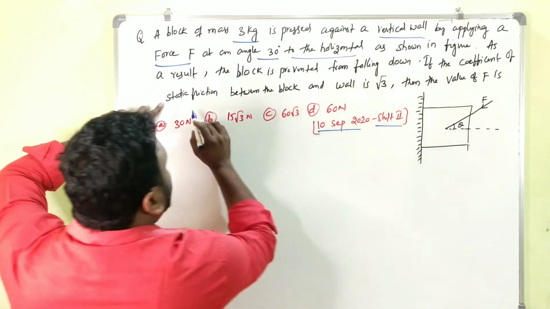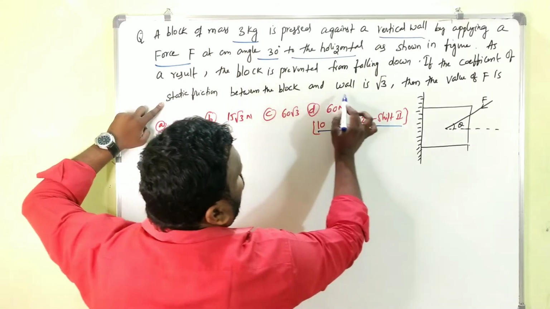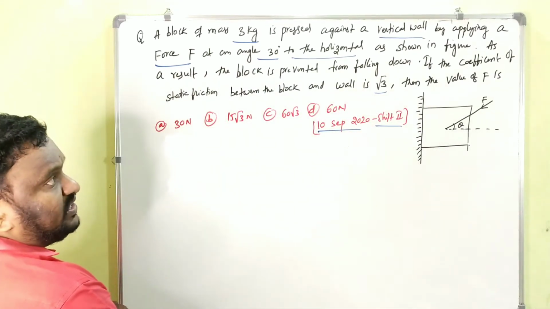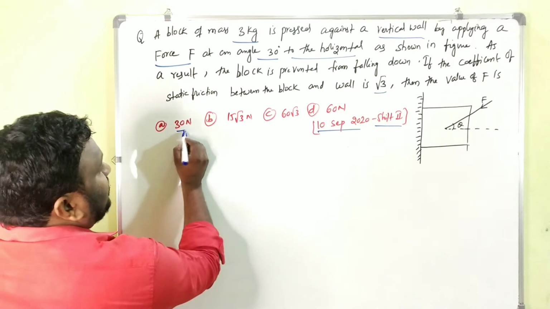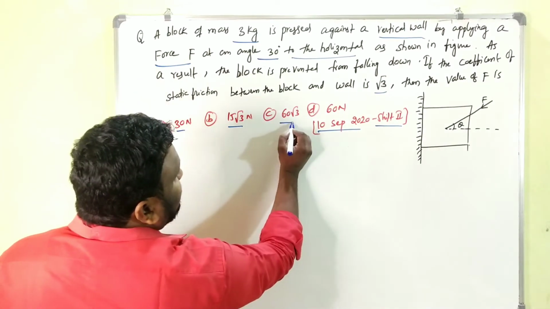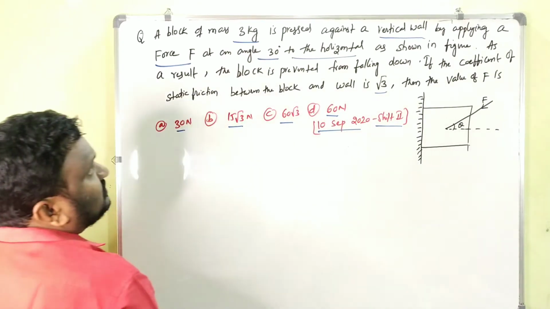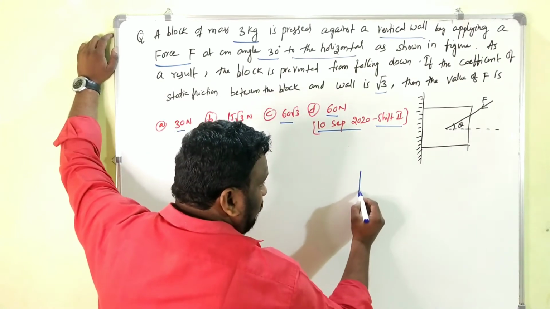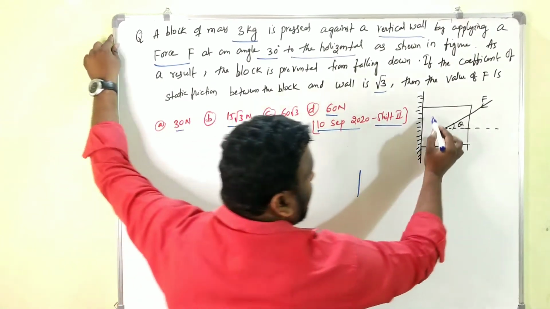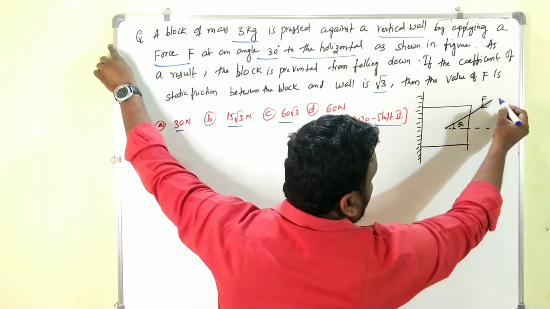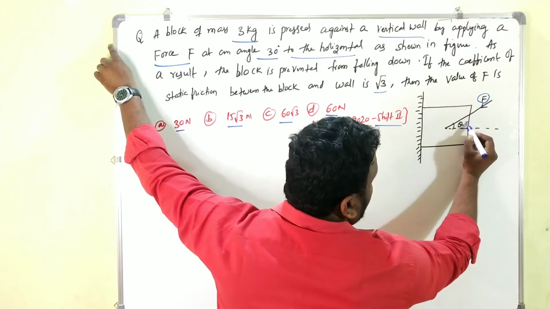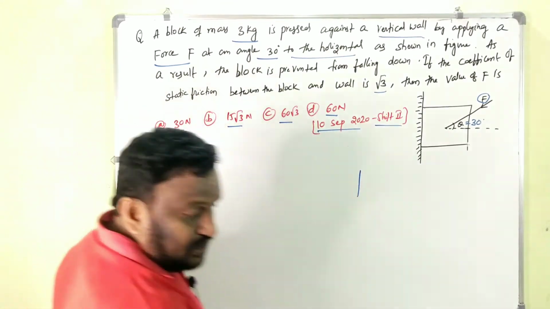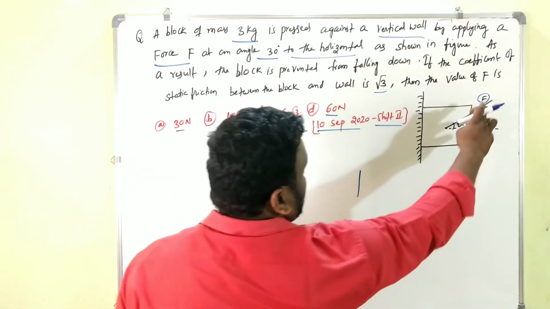If the coefficient of friction between the block and the wall is √3, then the value of F is: options 30 newtons, 15 √3 newtons, 60 √3, and 60 newtons. So this is the wall and this is the body, and the applied force is F, with theta equal to 30 degrees. Now we want to find how much force.